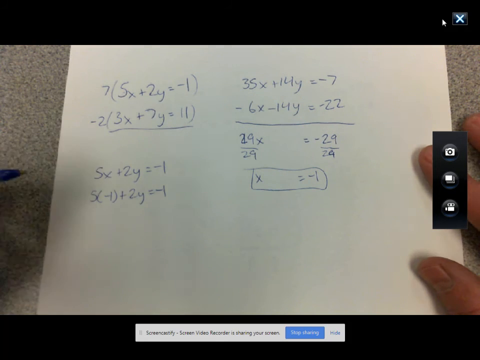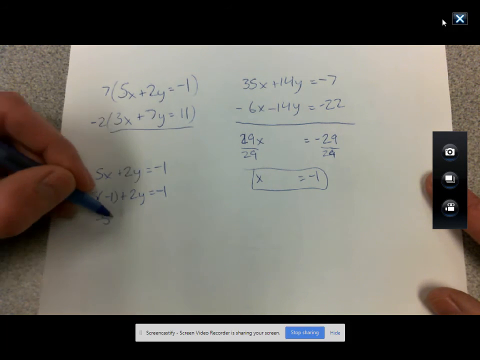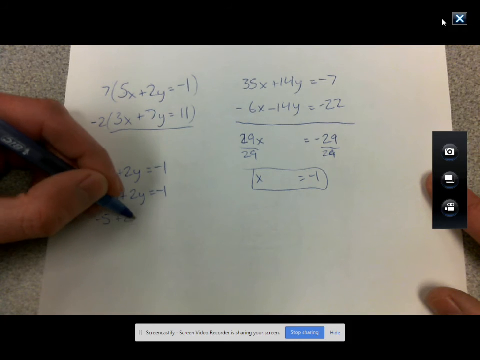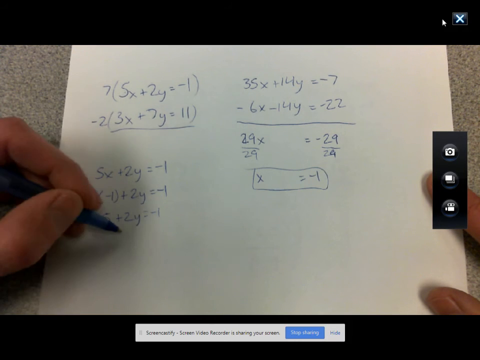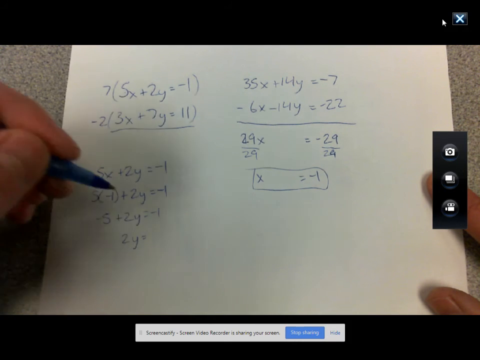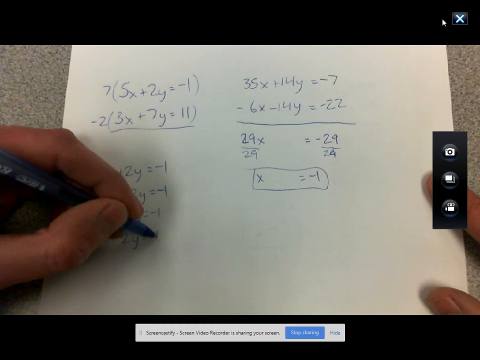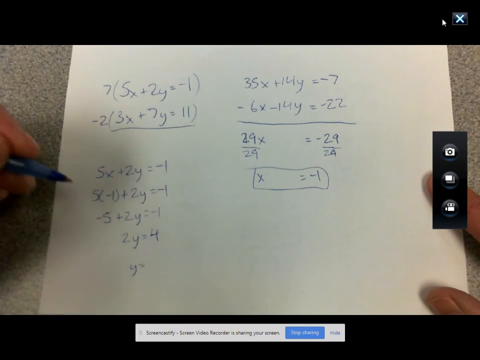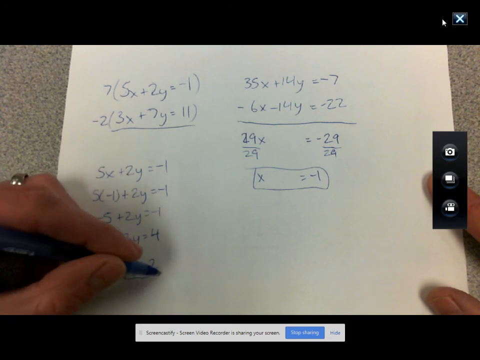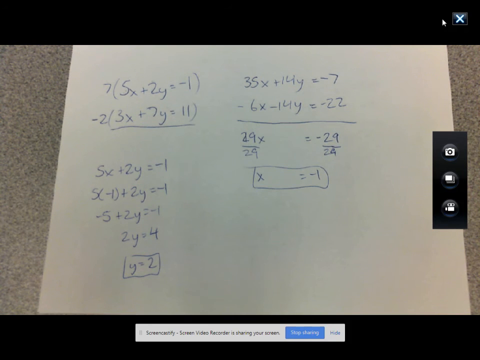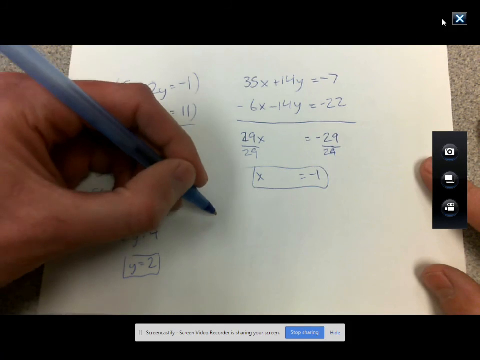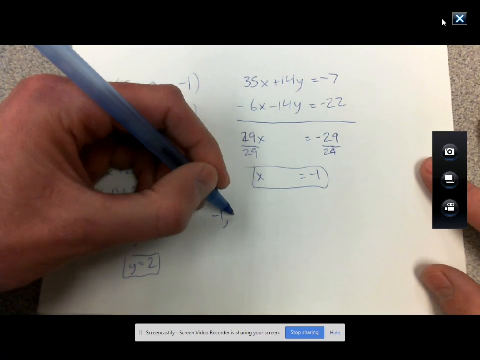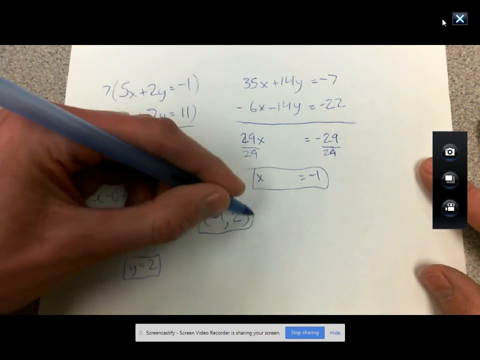So I'm going to substitute that in. -5 plus 2y equals -1. If I add 5 to both sides, I get that 2y equals 4, which means that y is going to have to be 2. So I've solved for x. I use that x to solve for y. And my final answer, x is -1 and y is 2.